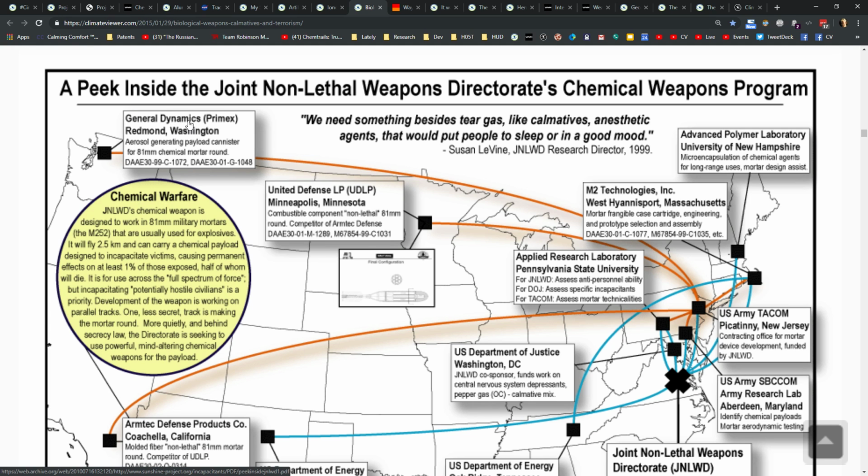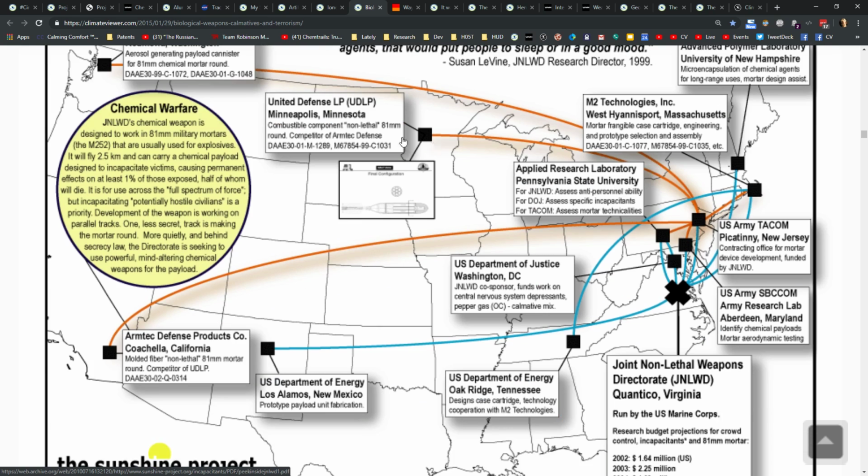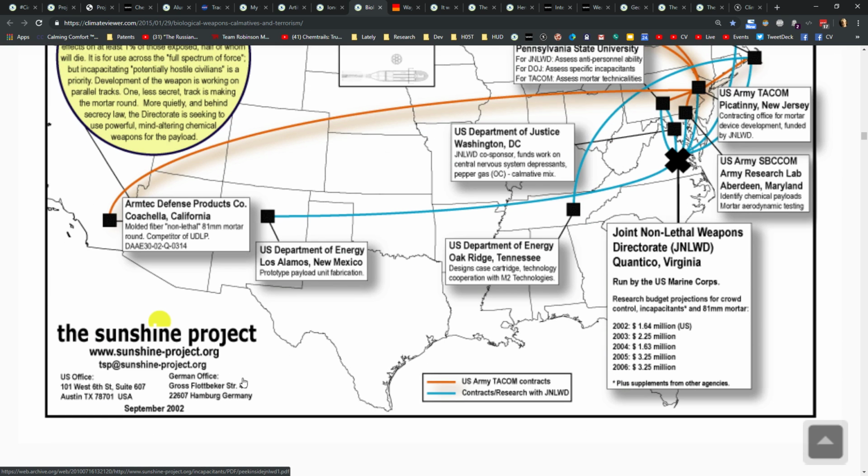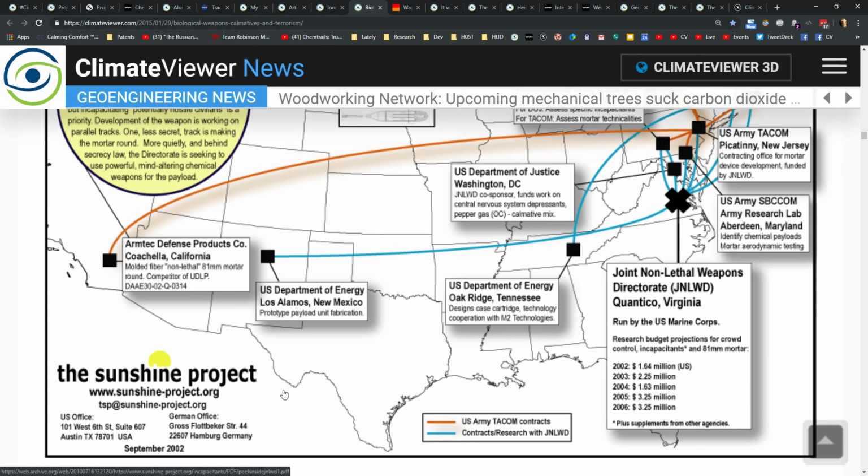Chemical warfare. A peek inside the Joint Non-Lethal Weapon Directorate's Chemical Weapons Program. You can see all of the different facilities, Armatech Defense Products, U.S. Department of Energy, Los Alamos, Oak Ridge, Tennessee. All of these, very real. Thank you, Sunshine Project. Even though you guys have deleted your website, I will keep your work alive.